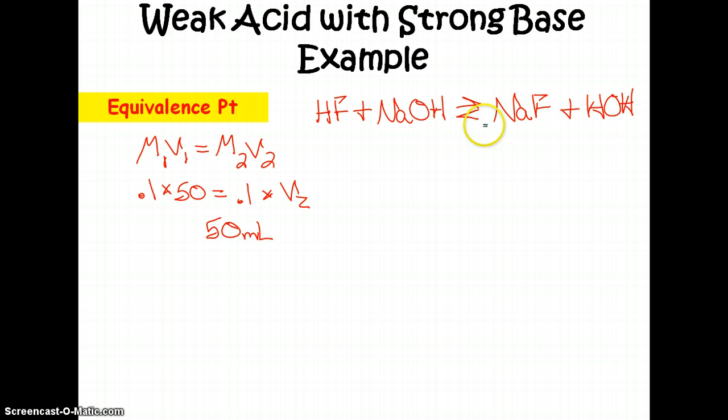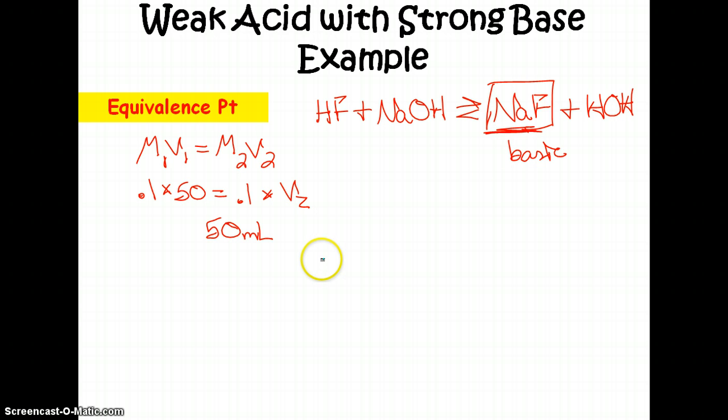Okay, now because you have a weak acid, strong base, you know this is going to be a basic salt, so you're going to expect a pH at the equivalence point above 7. So now we can just go ahead and solve this as if we're finding the pH of this salt. Okay, so we have basically a 0.1 molar solution of NaF salt.